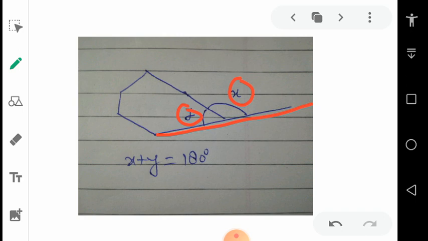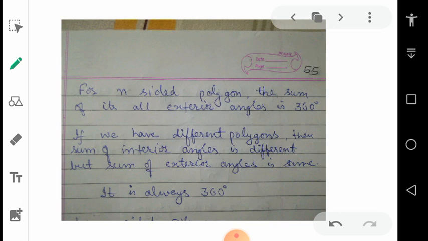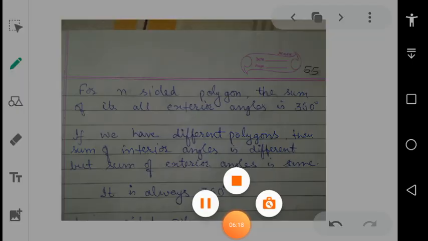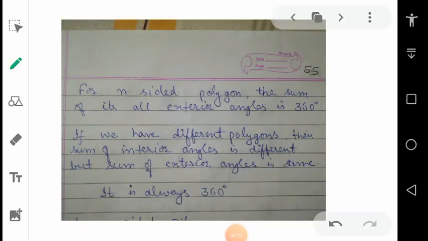Next you will get to know how to solve this. Here is a formula regarding an n-sided polygon. If the number of sides of a polygon is given, for example it may be 5, 6, 7, 10, 20 or 100, but we are not sure, so we consider that there is an n-sided polygon, meaning there are n sides.